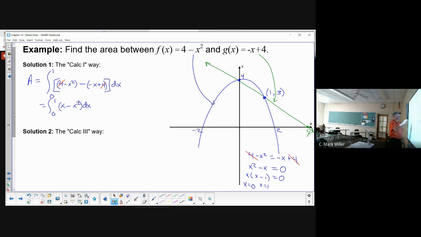That's going to be x squared over 2 minus x cubed over 3 from 0 to 1. We're just starting integrals in Calc 1. So this whole 0 to 1 and fundamental theorem. That's going to be plug 1 in, 1/2 minus a third. Plug 0 in, you get 0. So that equals 1/6.